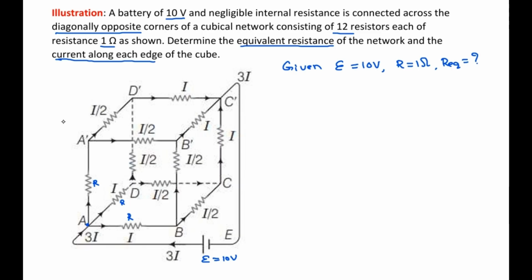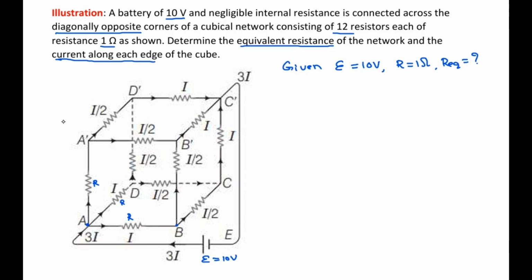So that is I across AB, I across AD, I across A dash. After reaching B, this I again splits into I by 2 from B to C and from B to B dash. Similarly, from D to C and D to D dash, I by 2, I by 2. From A dash to D dash and A dash to B dash, I by 2, I by 2.